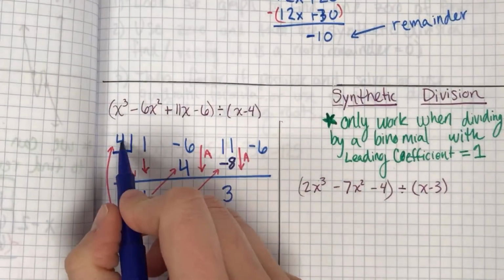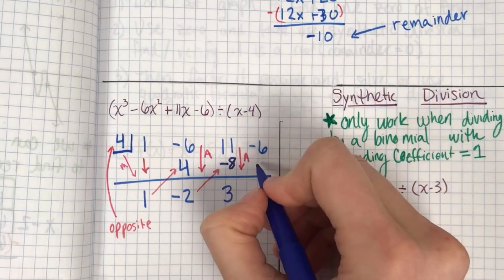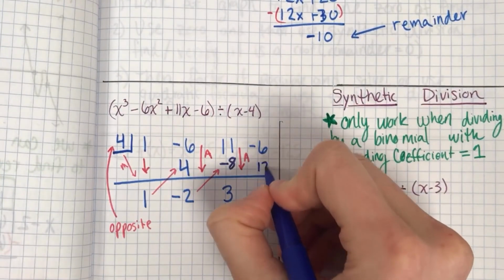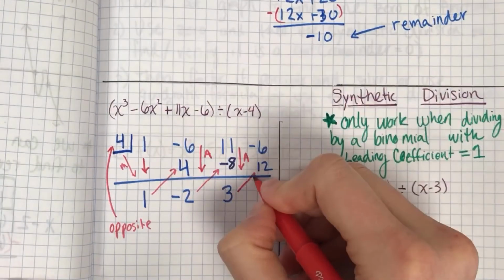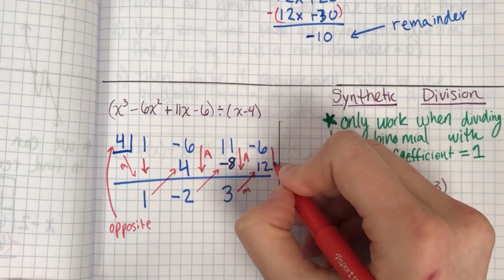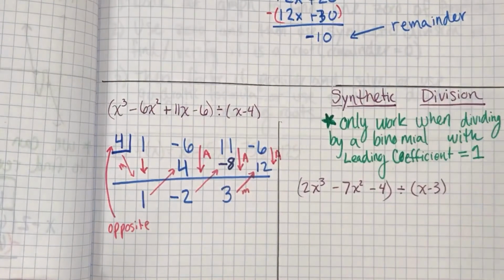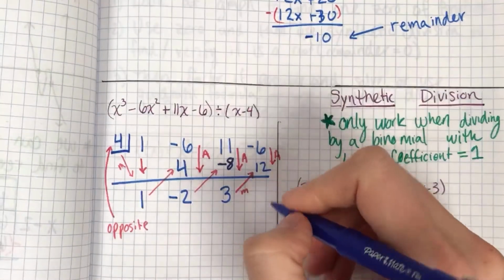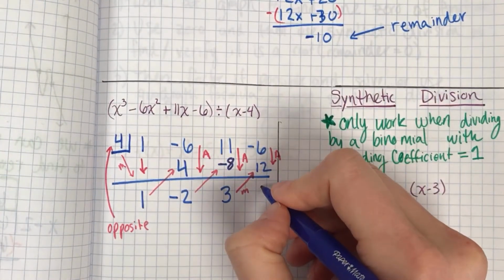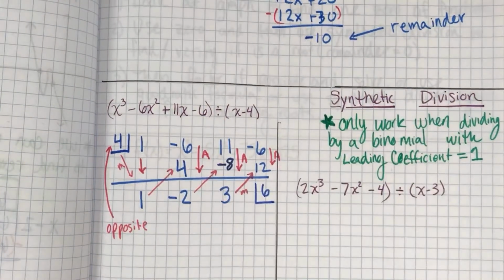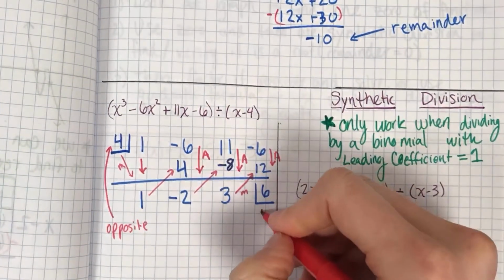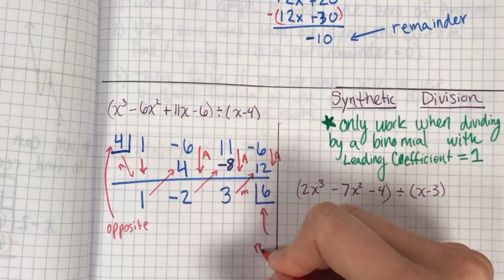And then I multiply 4 times 3, which is 12. So again, we multiply and then add going down. And this would be 6. And you put a box around that because that is your remainder. So the last thing you always put a box around, and that's what your remainder is.